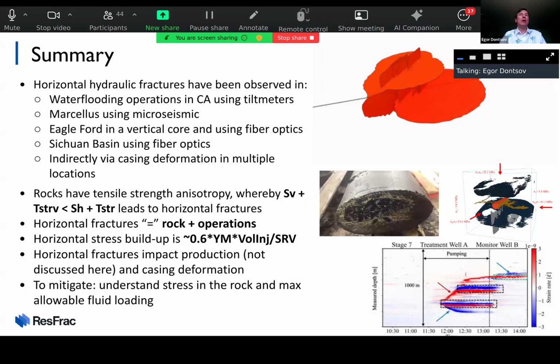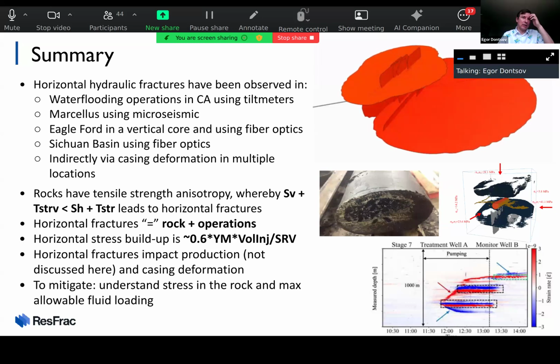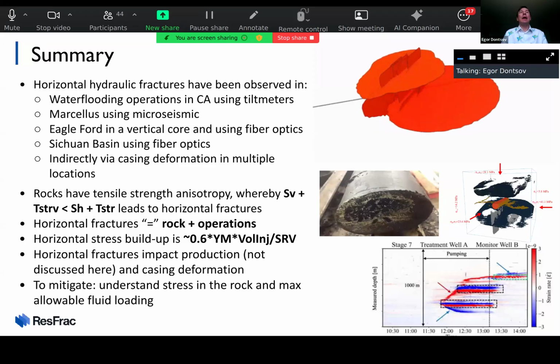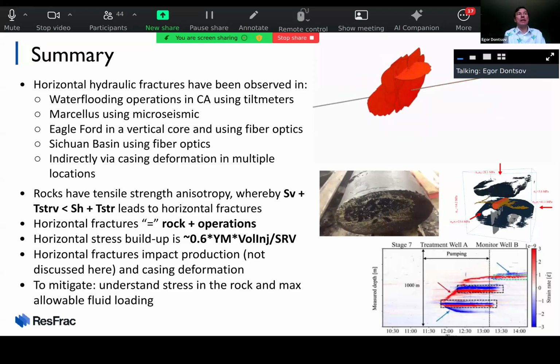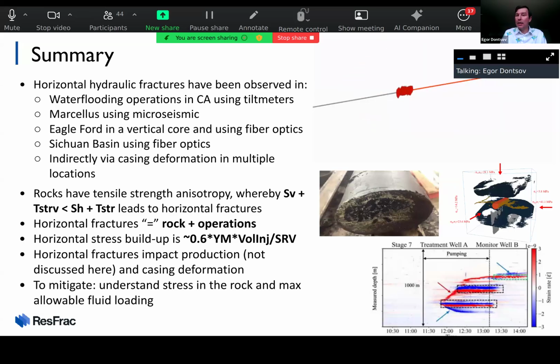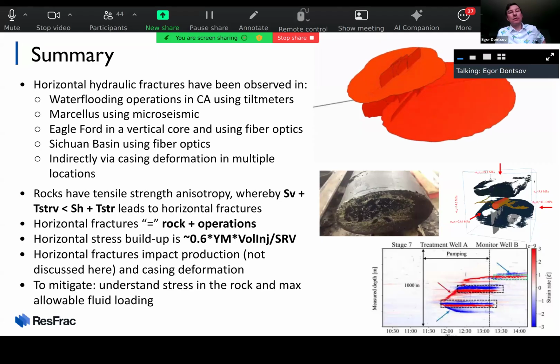So I think there's at least one field evidence point that, well, again, maybe we are not looking for horizontal fractures, I don't know. But if there are no horizontal fractures in that case, but there are fracture swarms, then probably this is not the reason for fracture swarms.